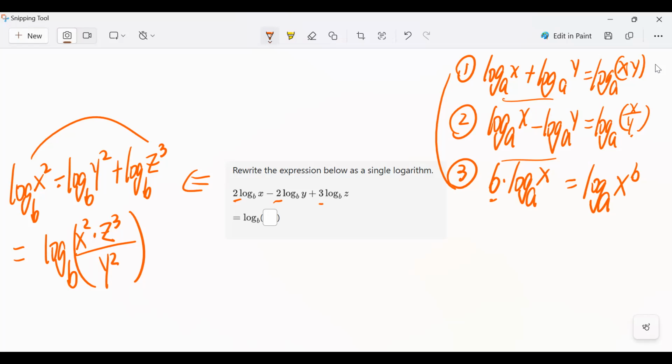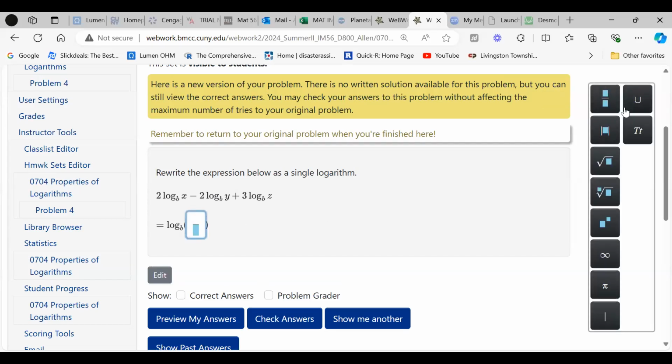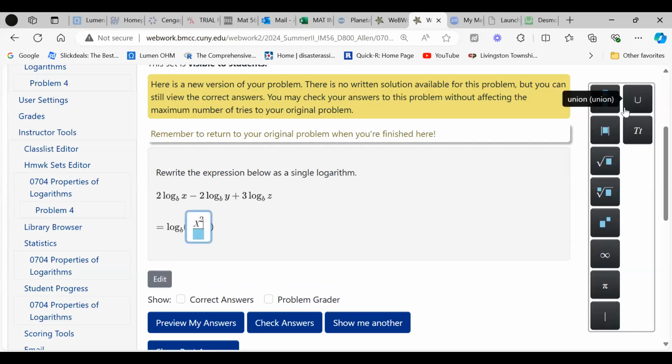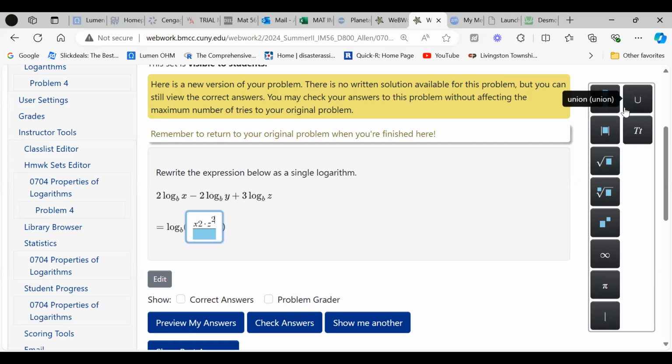Any question about this? So log of x squared, we need a fraction first. x squared times z cubed, and then over y squared.